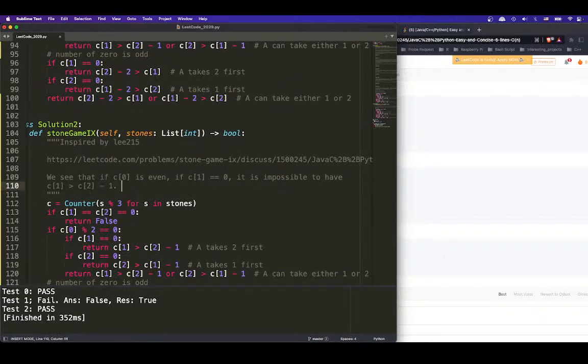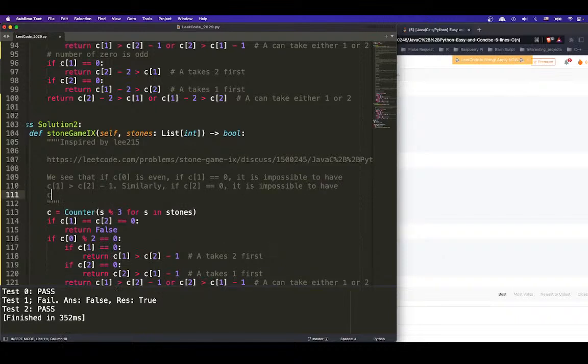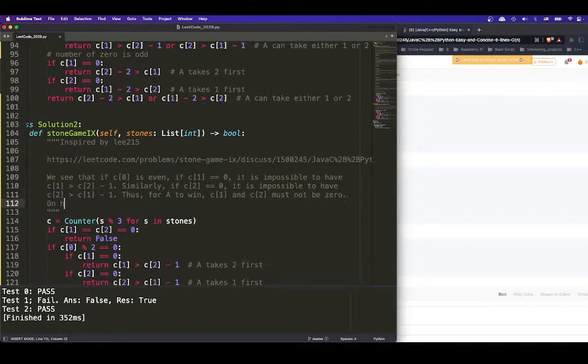Similarly, if C2 is equal to 0, it is impossible to have C2 larger than C1 minus 1. Thus, for A to win, C1 and C2 must both not be 0.